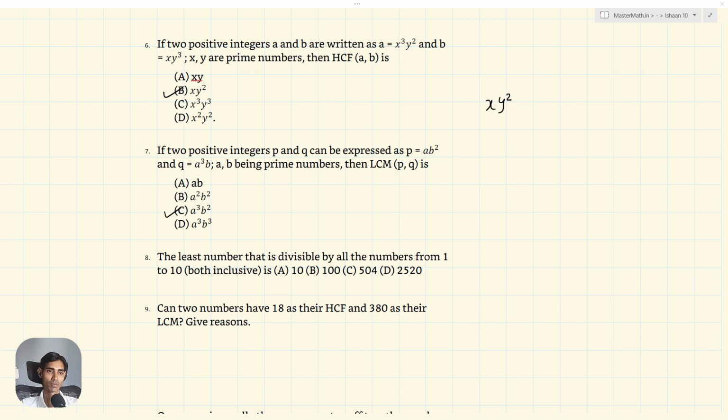It's just a guess. Which one? Option D, I think, because we're supposed to do LCM from 1 to 10 for this question. Yes, that's the right answer.